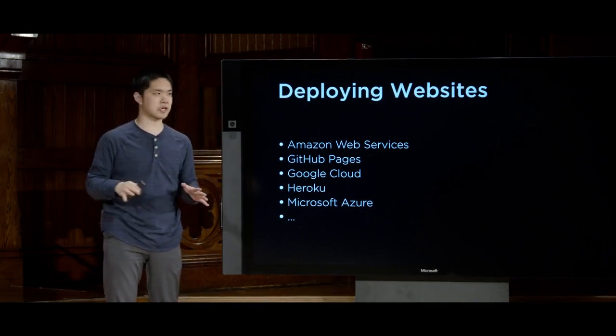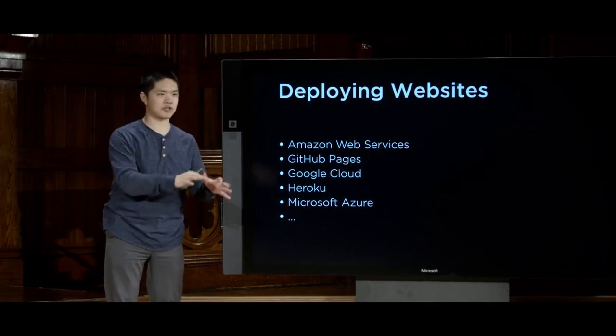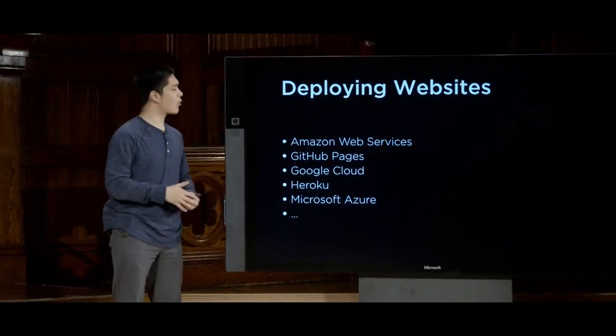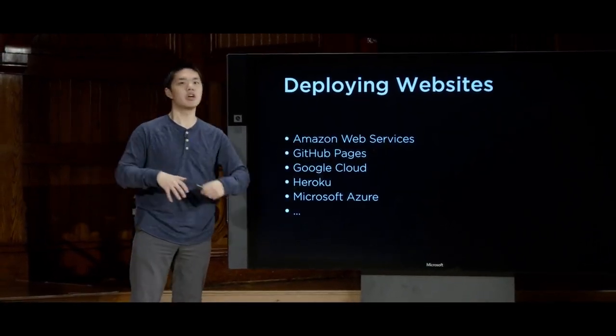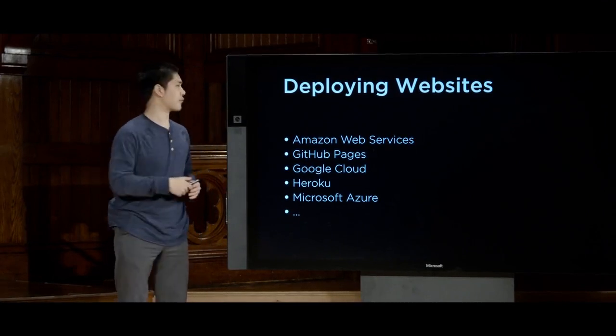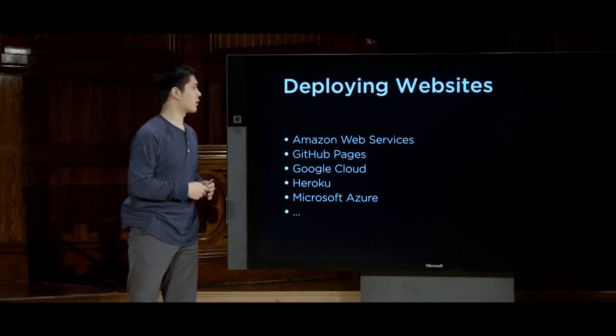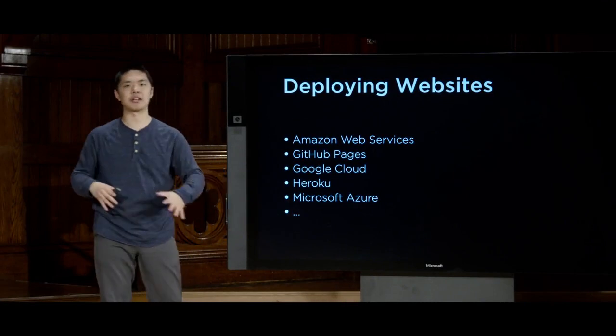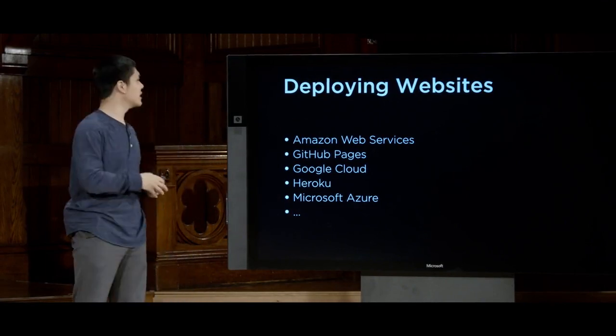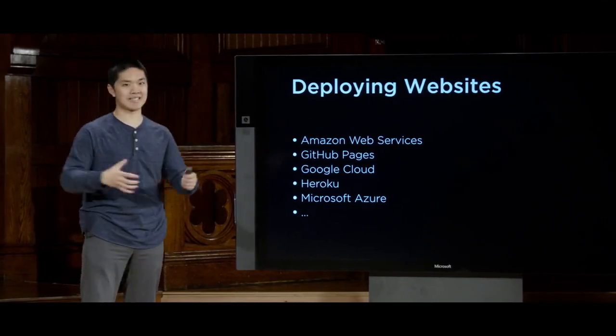And if your web application is really just static, it's just HTML and CSS and JavaScript, well, then you can use something like GitHub Pages to be able to host a web application for free on GitHub's own servers instead. And there are many other ways you can imagine deploying web applications as well, different services that you can use in order to take the web applications that you have been building or web applications you might build in the future and make them available on the internet for others to be able to use as well.